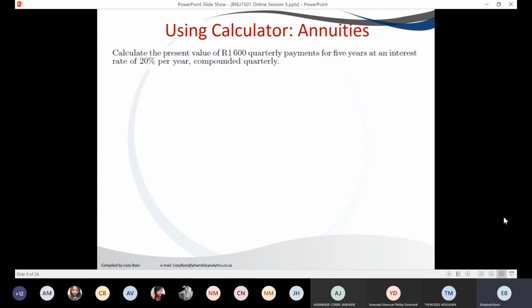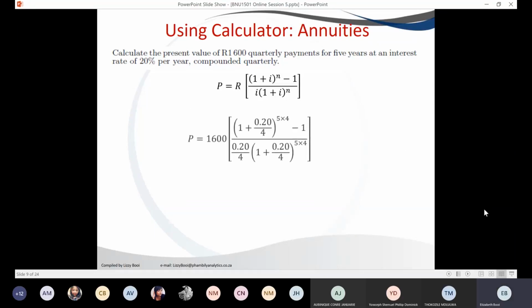They gave me my payment, which is my R, if I'm doing this manually, and I know that my formula will be P is equal to R times 1 plus i to the power n minus 1, divided by i times 1 plus i to the power n. I must also remember my i should be divided by the compounding period, and my n I must multiply by the compounding period.